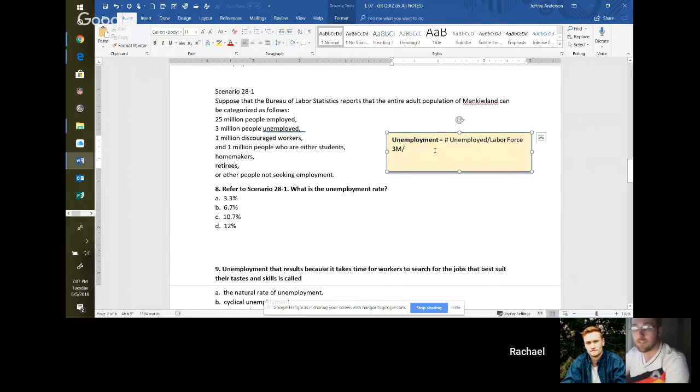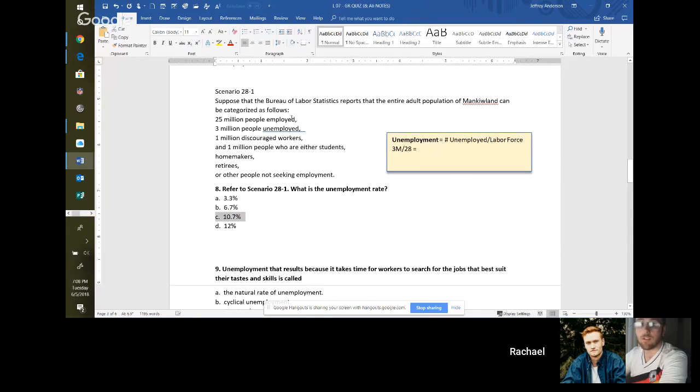Yeah, you're right. That's the same question. They're asking for a different portion. Oh, yeah, right. So in question 5, it was the labor force participation rate, but now it's the unemployment rate. But yeah, they're using all the same numbers. All right, so 3 divided by 28. Because the other one was wanting to know about, okay, so I got 10.7. Yes, I got that as well.